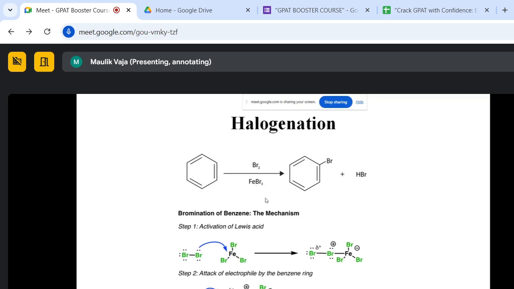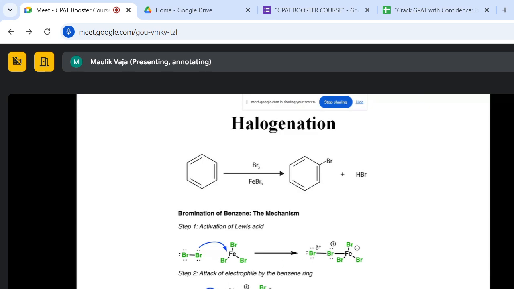FeBr3 is called a Lewis acid. Lewis acid is used to increase the polarity of the Br-Br or Cl-Cl single bond, and that's why it can react in the second step.